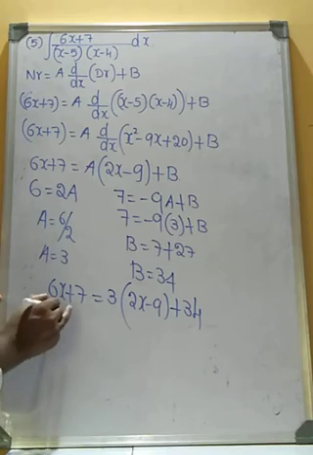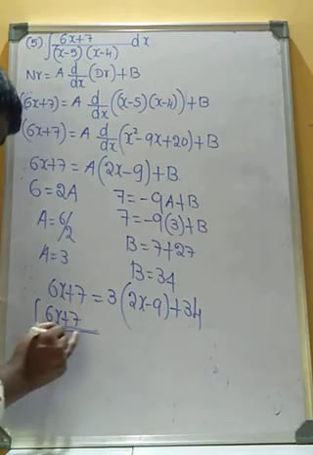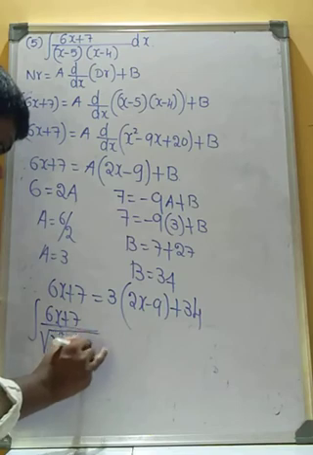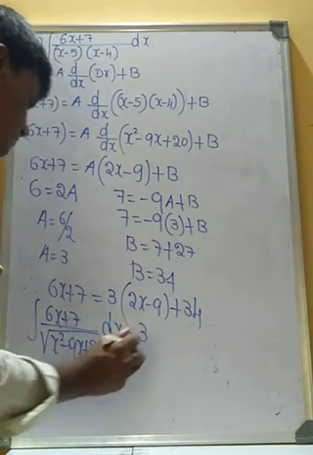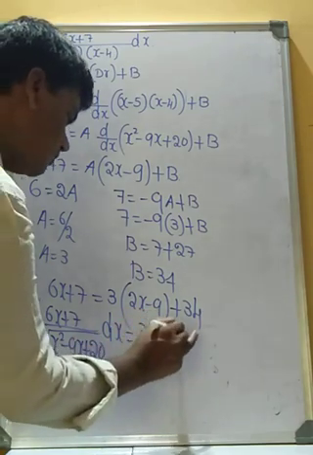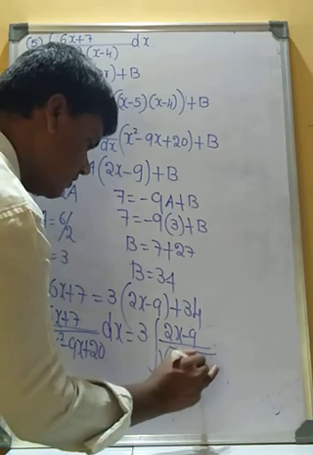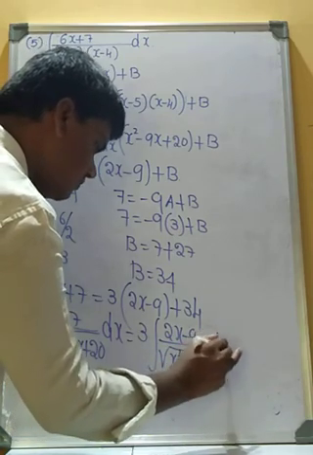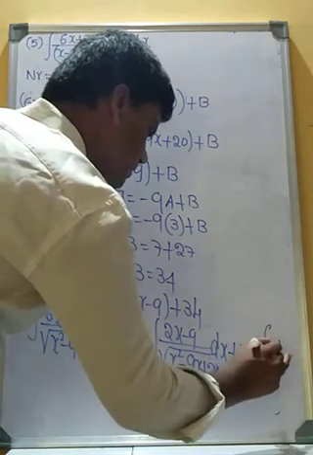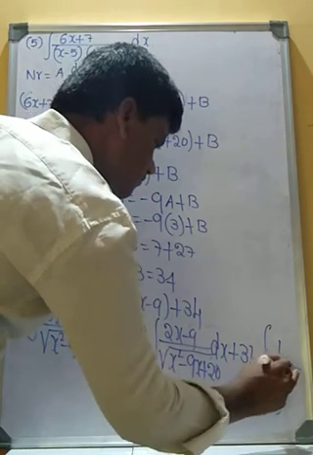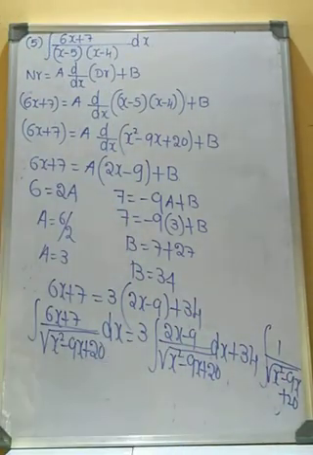Taking the integral on both sides, the integral of 6x plus 7 divided by root of x square minus 9x plus 20 into dx equals 3 into the integral of 2x minus 9 divided by root of x square minus 9x plus 20 into dx, plus 34 into the integral of 1 divided by root of x square minus 9x plus 20 into dx.